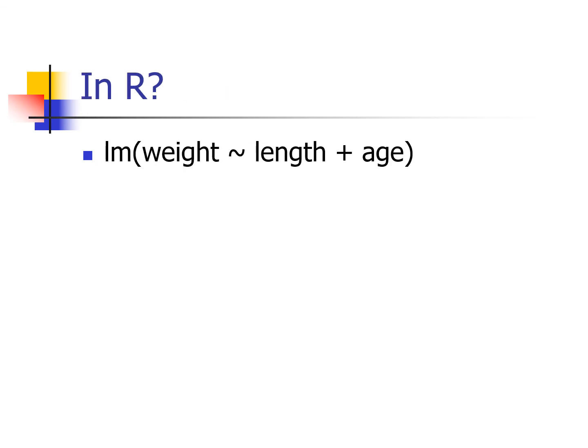And if I want to do this in R, I just use the LM function. So LM is the linear models, is what it stands for. We sometimes refer to this regression model as a linear model. The y variable goes on the left, just like in SAS. Instead of using an equal sign, R uses that tilde symbol, which is, yeah, it's right above the tab key, I think.